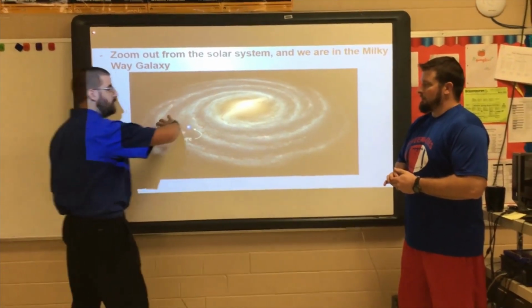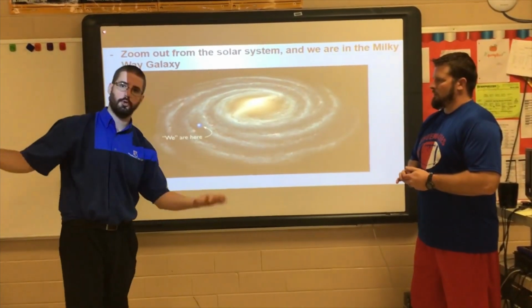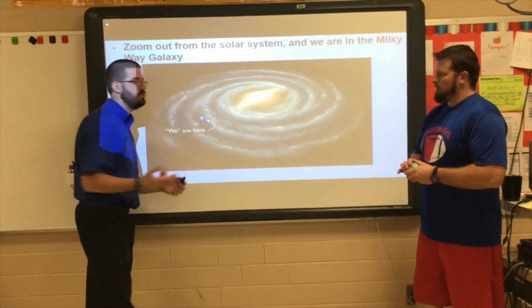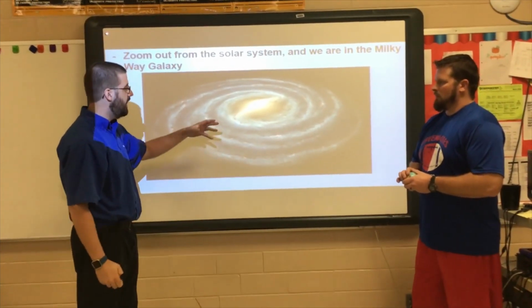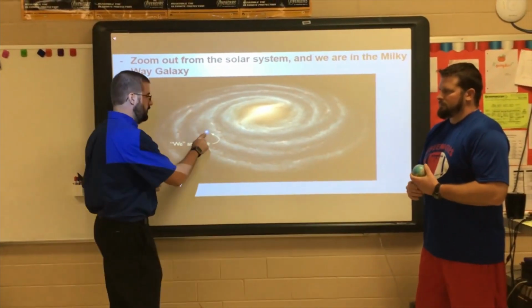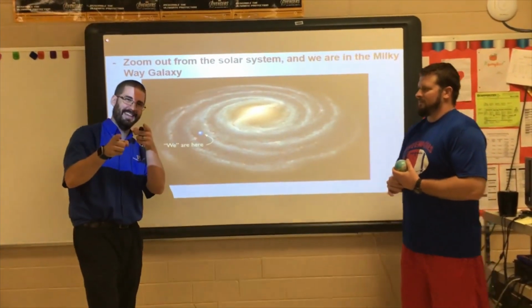The Milky Way galaxy is spinning, almost like water going down a toilet bowl. So these arms are slowly being sucked into the center, where there's a gigantic black hole. And eventually, over billions and trillions of years from now, our little dot will be sucked into that black hole, but you'll be dead by then.